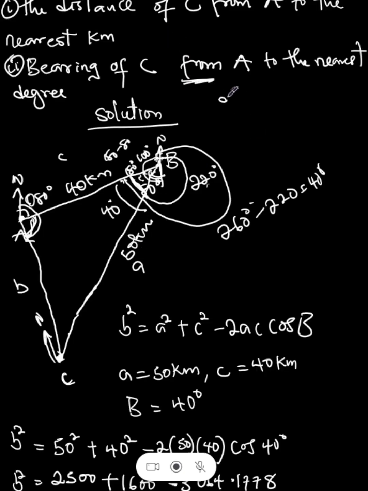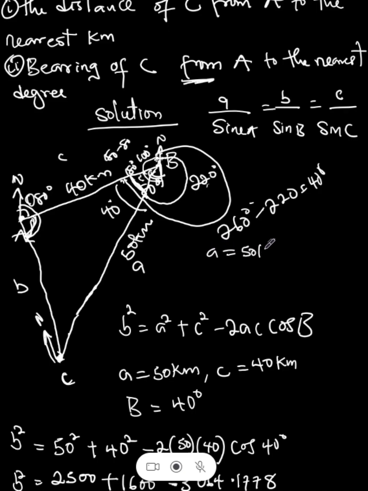Sine rule says side A over sine A will equal side B over sine B, which is also equal to side C over sine of angle C. Now, we can use any two. We are looking for angle A. We already got side B. So we have side A to be 50 kilometers.